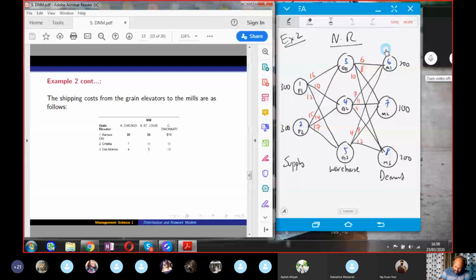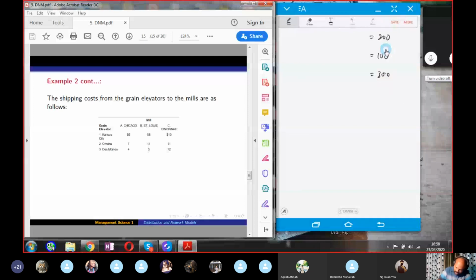That's how we have to see. X36, X46, X56, X37, X47, X57, and X38, X48, X58. This is regarding the demand.